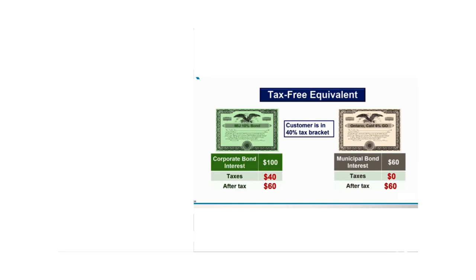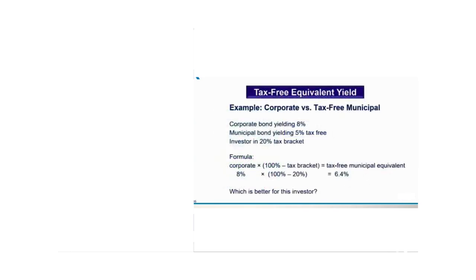While that's a much lower interest rate than the corporate bond, they don't pay any tax on it, so they're left with the same after-tax return as the corporate bond. As you might be picking up on here, which one is a better deal can vary based on what tax bracket an investor is in. In order to figure out for sure which one is a better deal for any given investor, you need to be able to figure out something called tax equivalent yield.